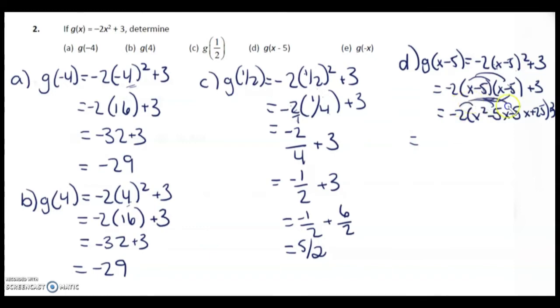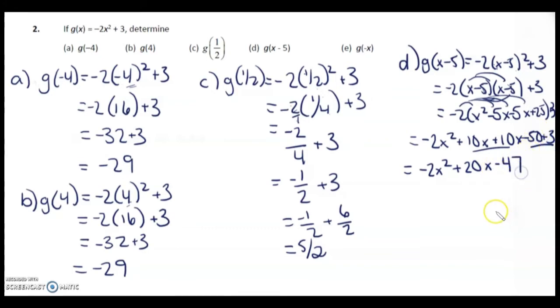Okay, expand this -2 into the bracket. I get -2x squared plus 10x plus 10x minus 50, and then plus 3. And then all we have to do at this point is collect like terms. The 10x's are like terms, and the -50 plus 3 are like terms, so it's -47.